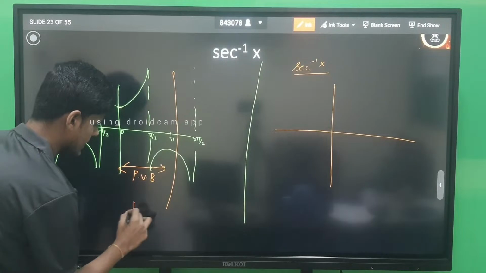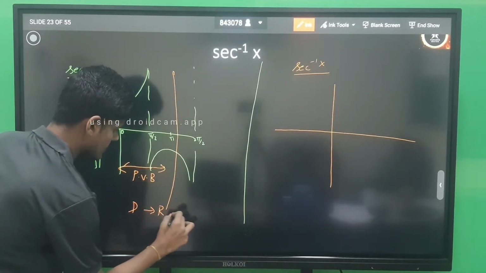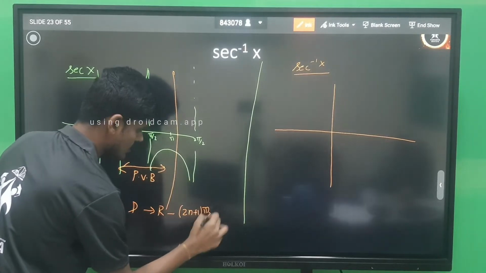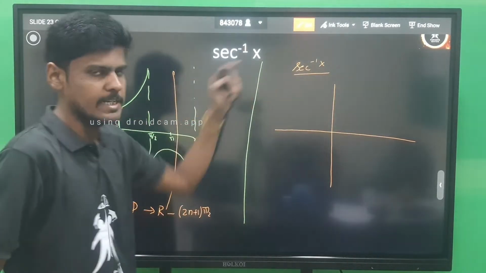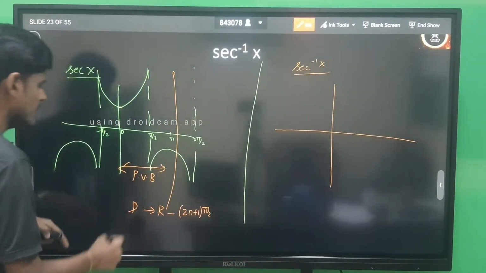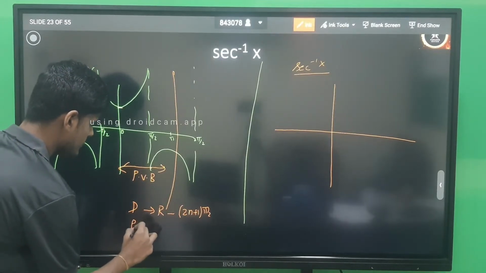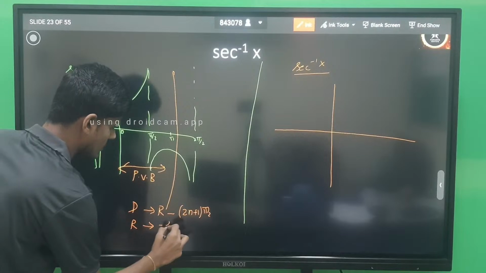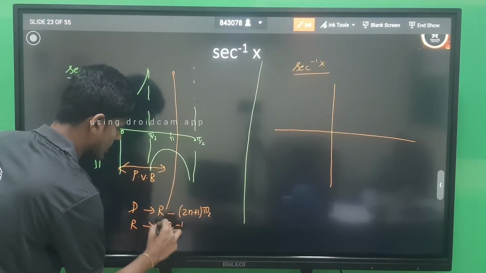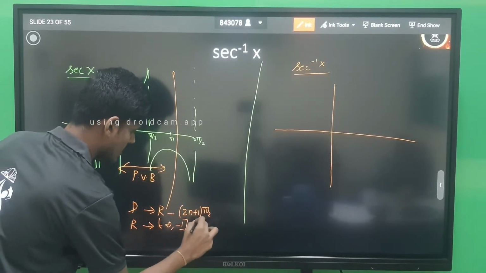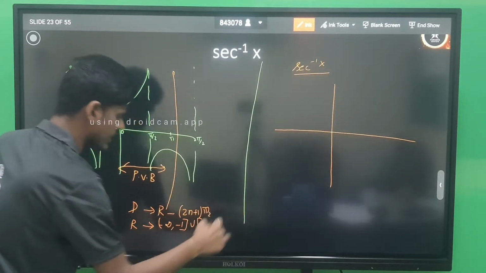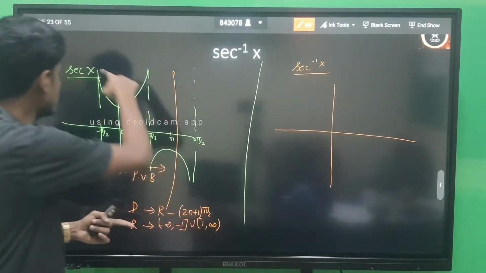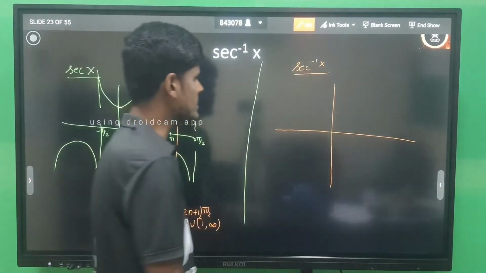So this will be the range of secant inverse x, and what will be the range of secant x? Range is from minus infinity to minus 1, union 1 to infinity. And range of secant x is domain of secant inverse x.